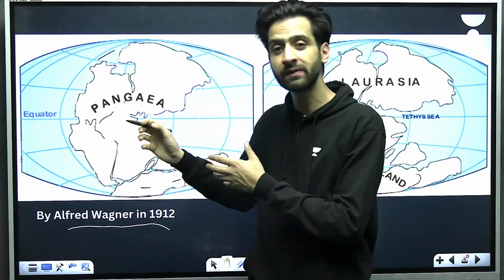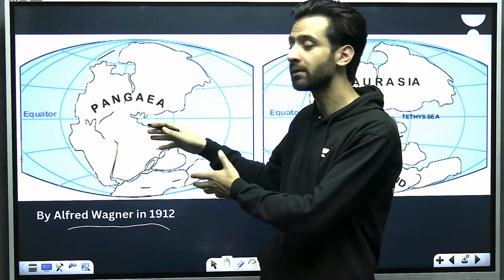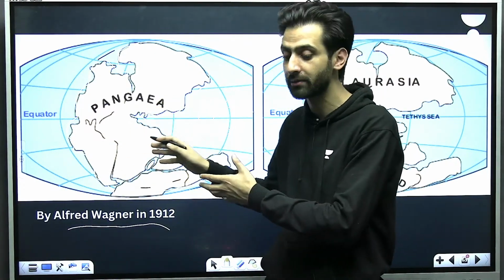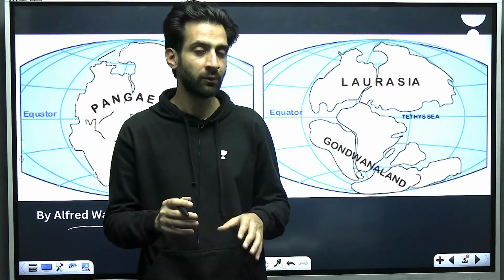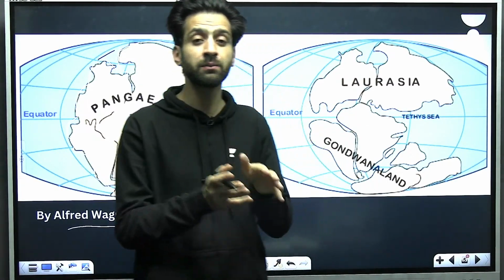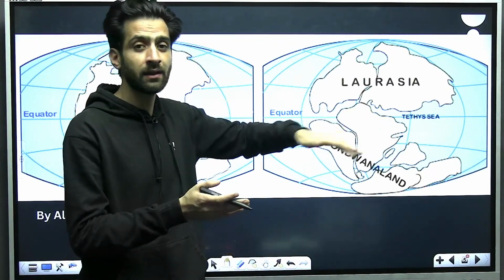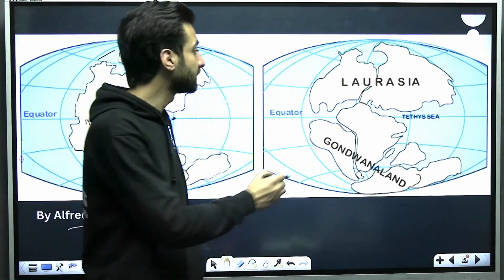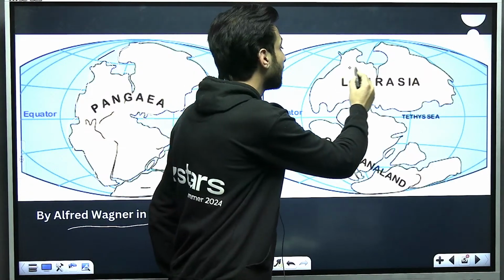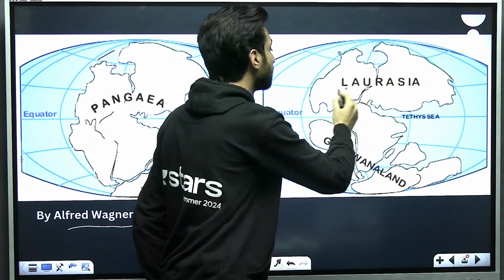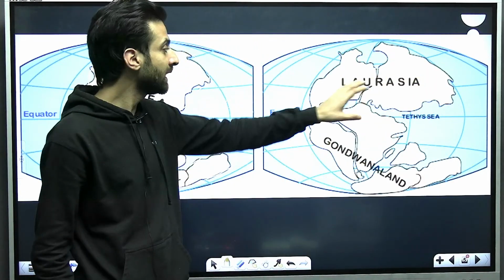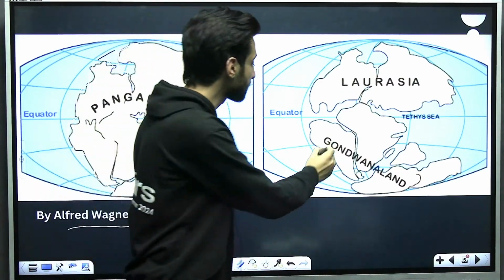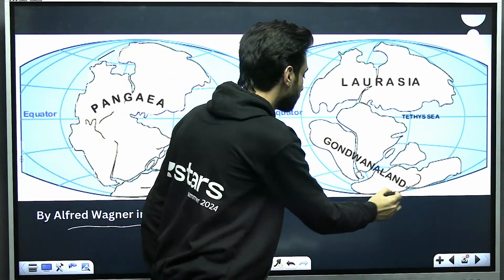When we go to 250 million years, we'll find the landmass to be together as a single landmass, and after that the landmass started to break. When the landmass started to break, it broke down into 2 pieces, one in the north and the other in the south. The part of the landmass that went to the north was named Laurasia, and the one in the south was named Gondwana land.